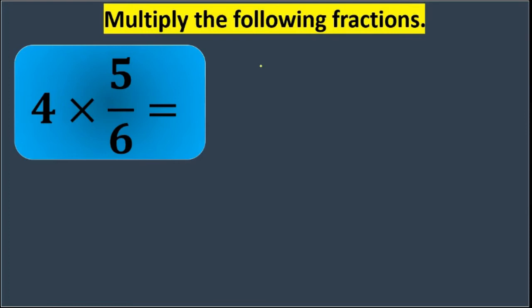Remember, the denominator of a whole number is always 1. Okay? Especially when we are dealing with fractions. If someone asks you what the denominator of a whole number is, it's always 1. So, here is 4. Its denominator is 1. Let's write it neatly, aligned. 5 over 6.